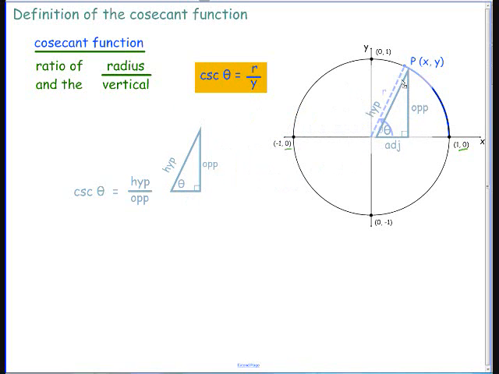So we remember that when we very first learned these, we learned it in terms of the hypotenuse, which is now called radius, and the opposite, which we now refer to as y, cosecant.